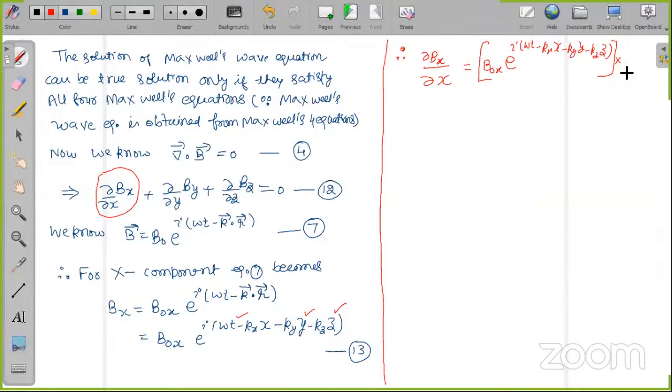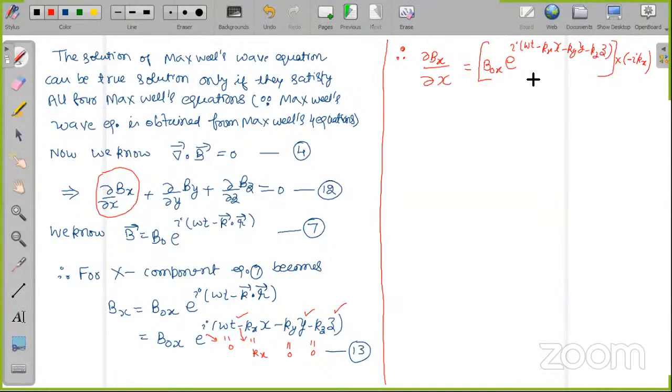Only into the derivative of the exponent: minus iota into kx. Please satisfy yourself. Remember, the derivative of ky y will be 0, the derivative of kz z will be 0, and the derivative of kx x will be kx. This minus will be taken and this iota will be taken. Is it okay? Yes, sir.